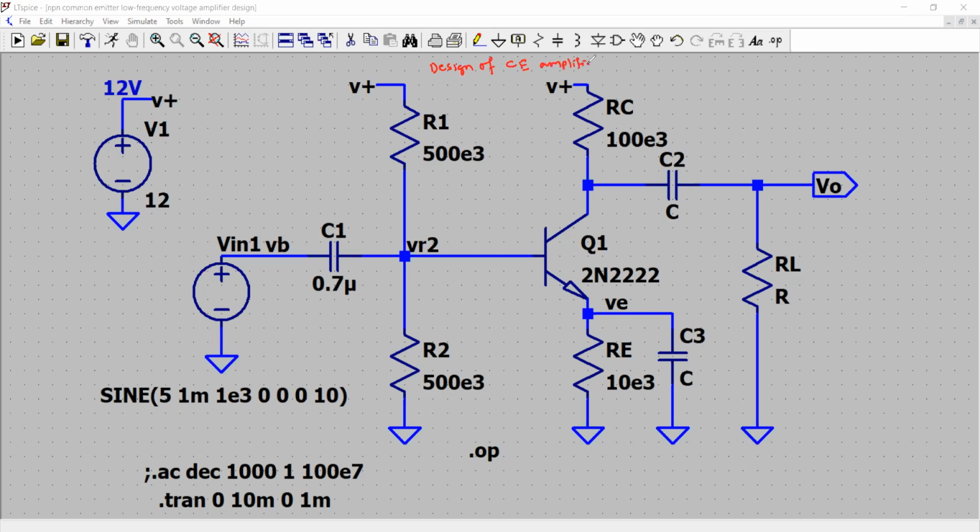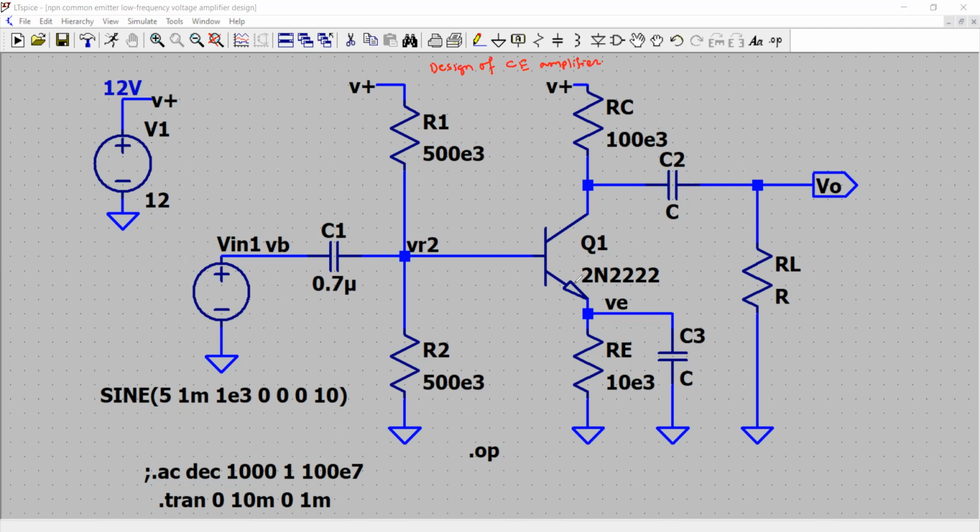So as you can see on your screen, I have used the schematic editor from SPICE, or any other circuit simulator you can use, to draw the basic configuration of this common emitter amplifier using an NPN transistor.